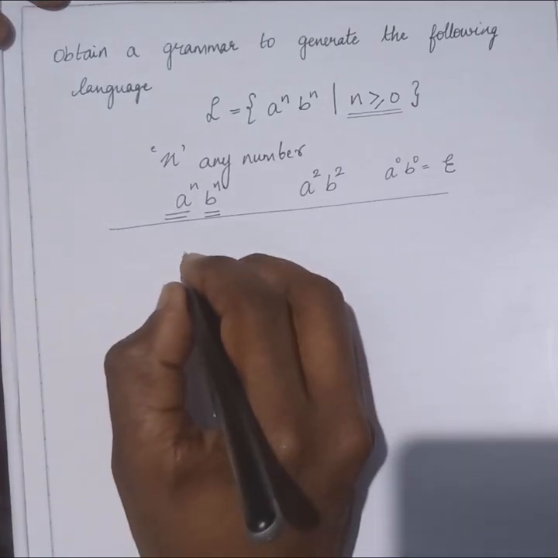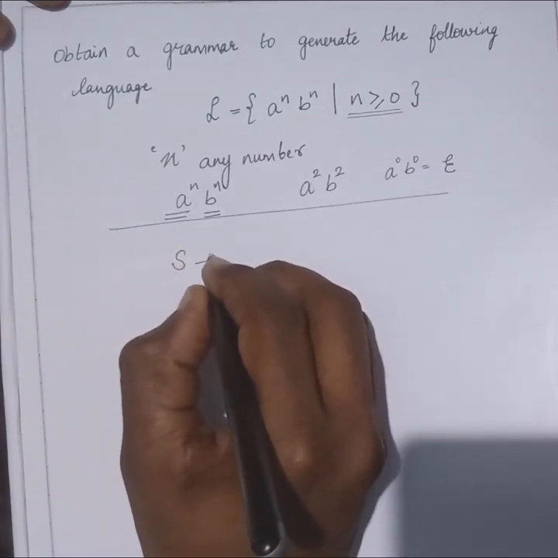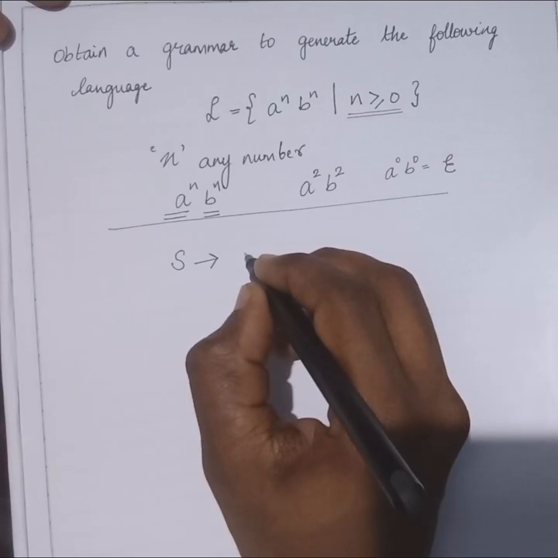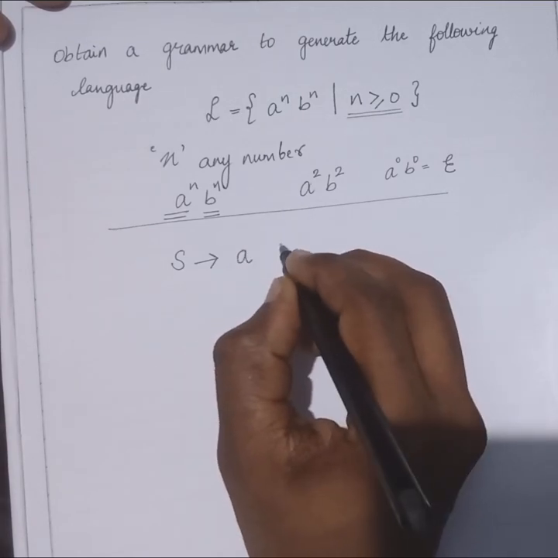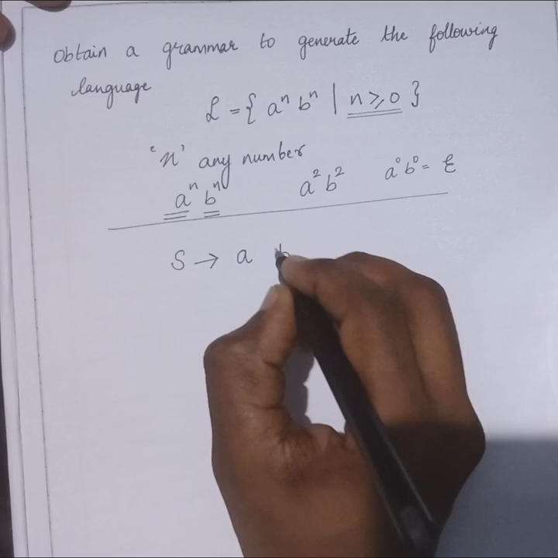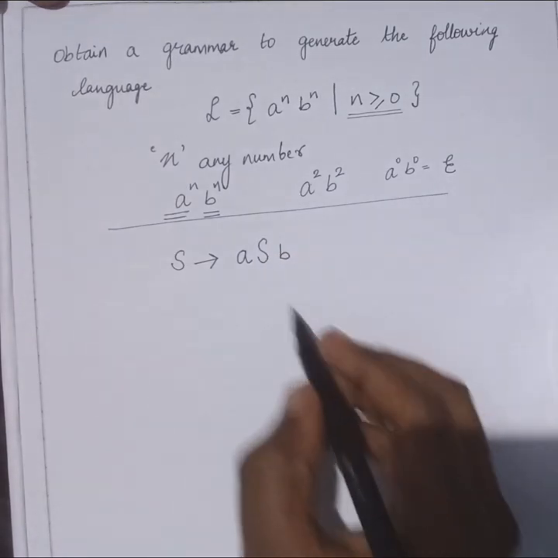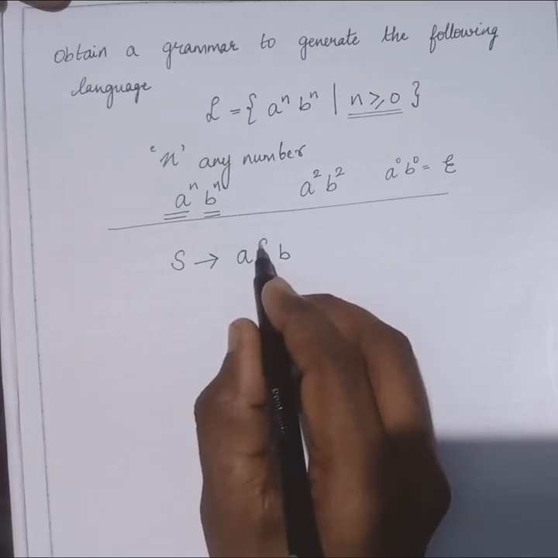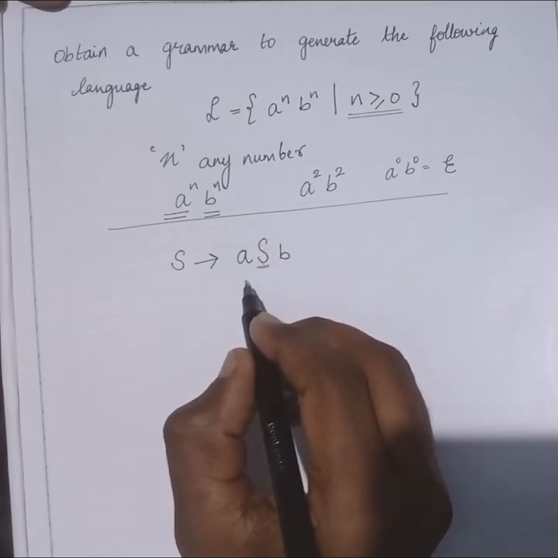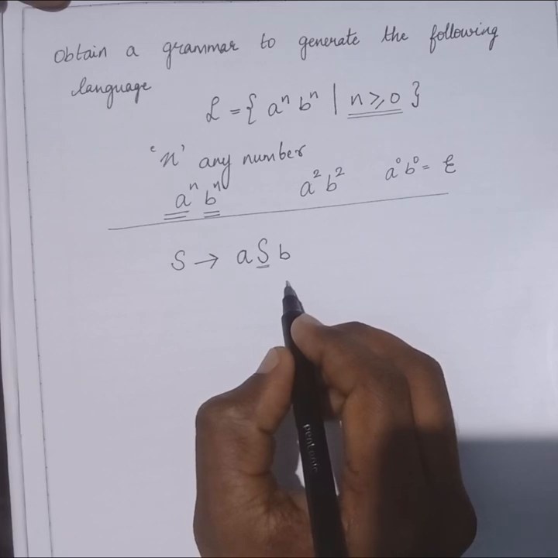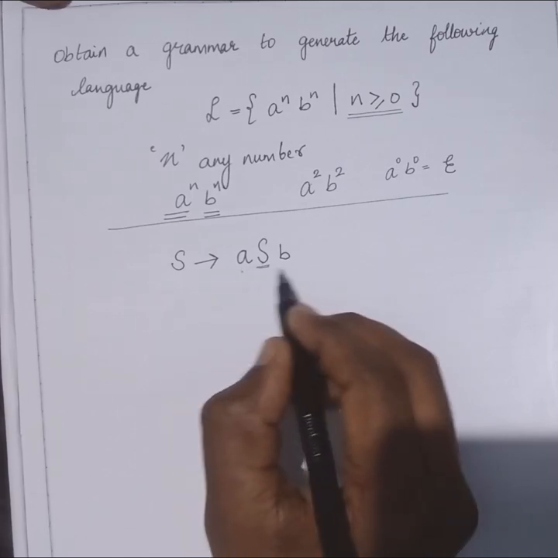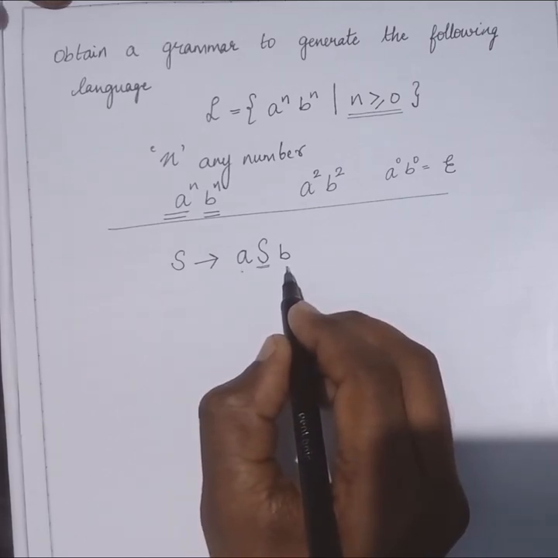So what we'll do, we'll write a grammar like this. S derives a S b, so it starts with a and ends with b. And in the middle we again put the starting symbol S, so that it can loop the same a and b. In the place of S, again I can substitute a S b, so that whenever we have one a, it will always be followed by one b.